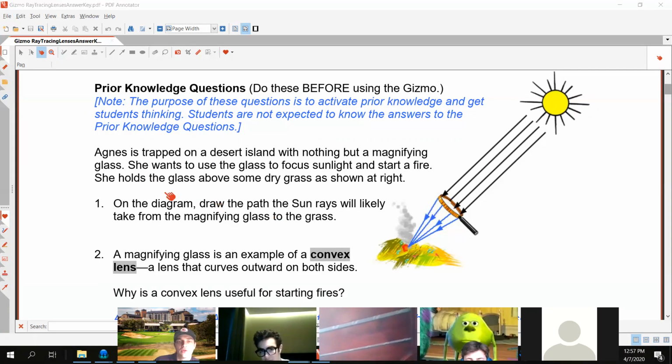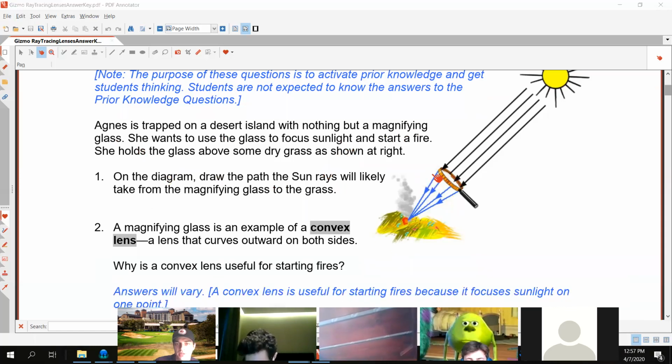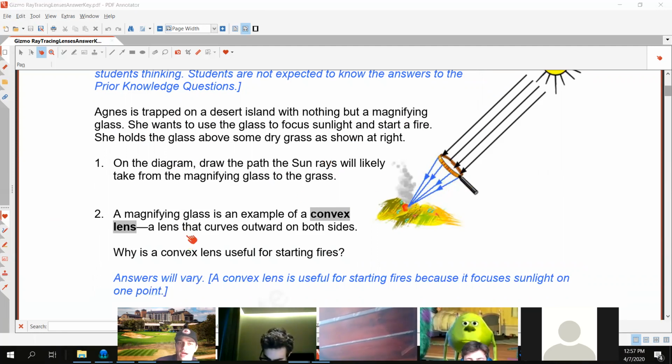So the magnifying glass we know is a converging lens, which means that these rays are going to come together, right? That's what converging means, is that they're going to come together at one point. So question 2 asks, hey, a magnifying glass is an example of a convex lens. Why is a convex lens used?